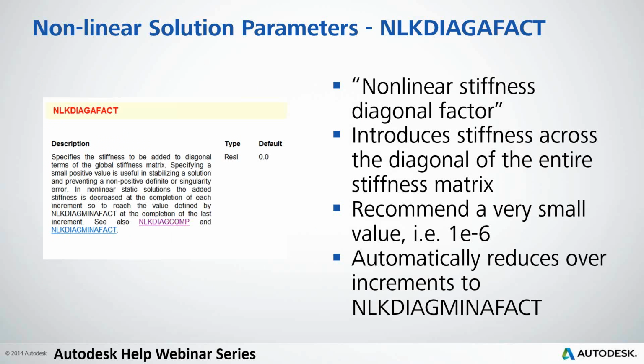Recommended starting value is very, very small, 1e-6. And this is, again, like the contact stab, it's going to slowly decrease this over the course of the analysis. So hopefully by the end of the simulation, it gets to the NLK Diag min factor, a very, very small value, and it has a marginal effect on the results there.